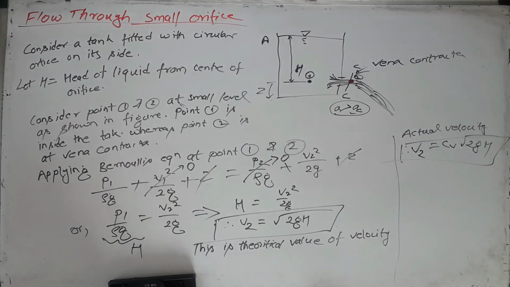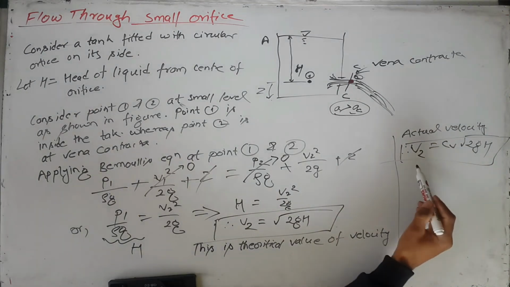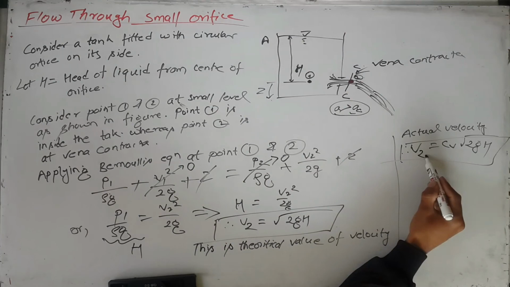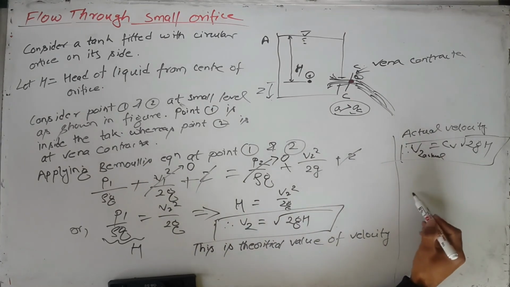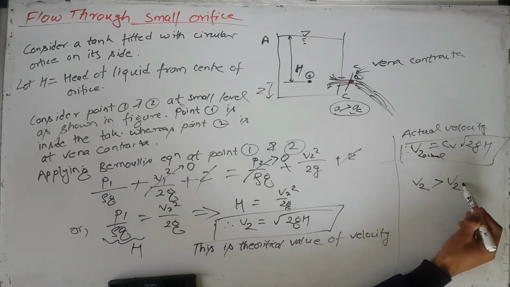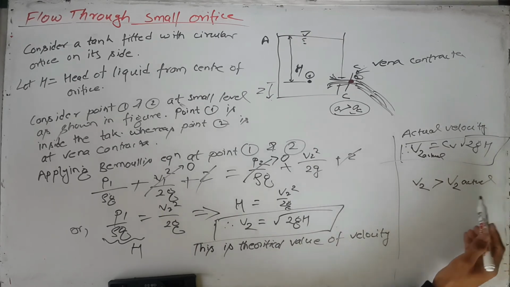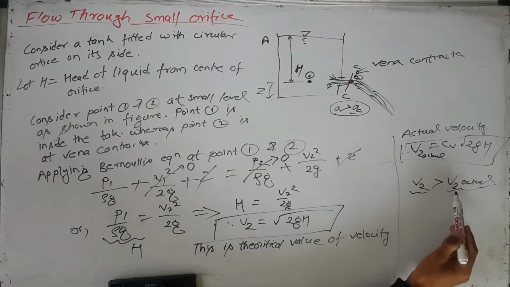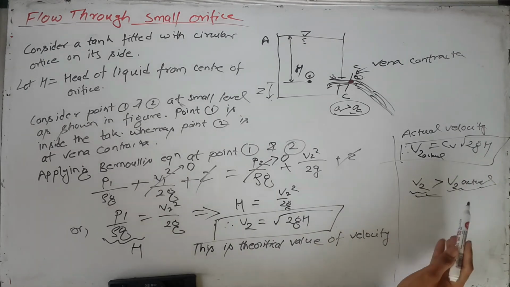This is the value of actual velocity at point 2. V2 theoretical is always greater than V2 actual, because in actual velocity there are some losses. V2 actual is always less than V2.